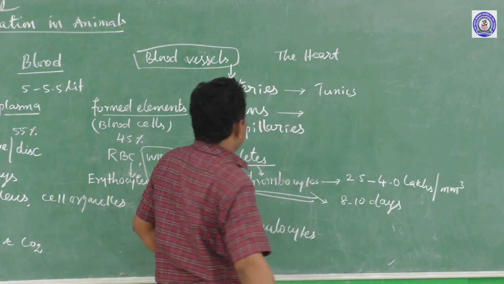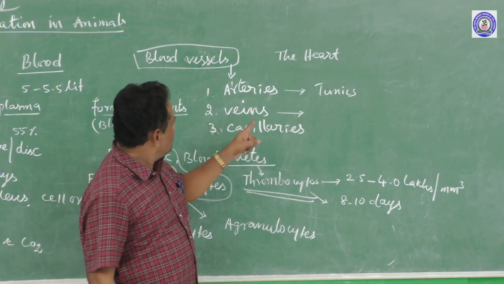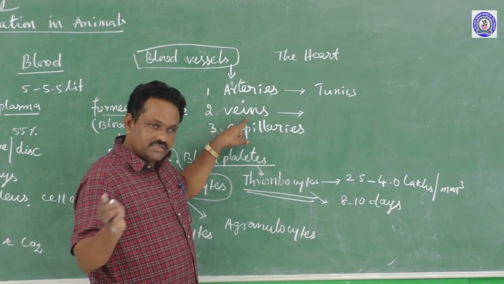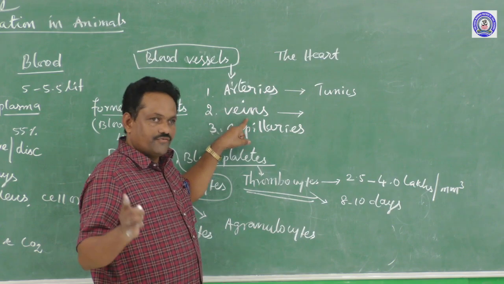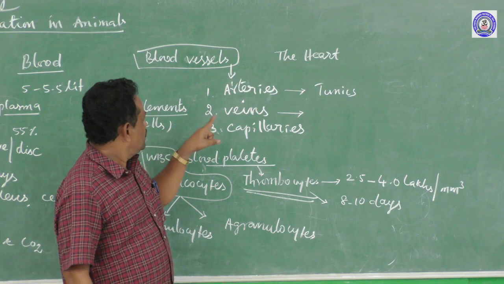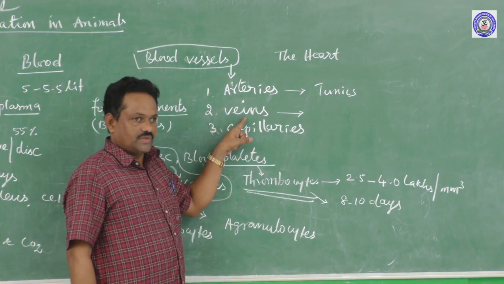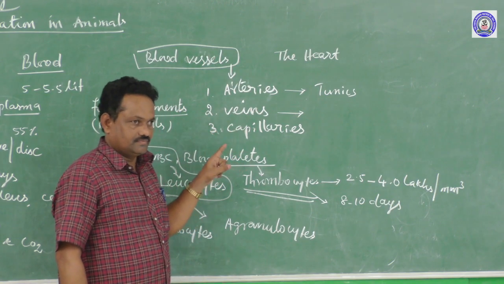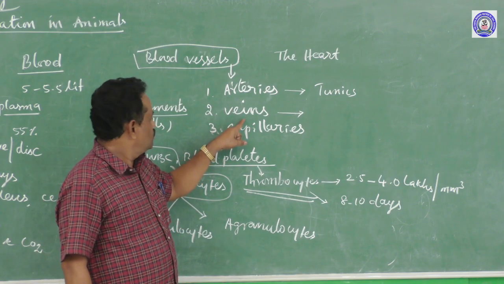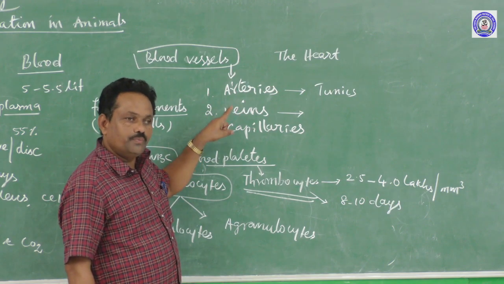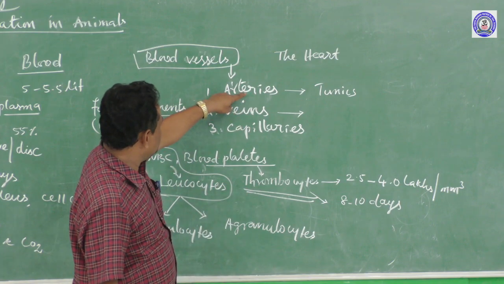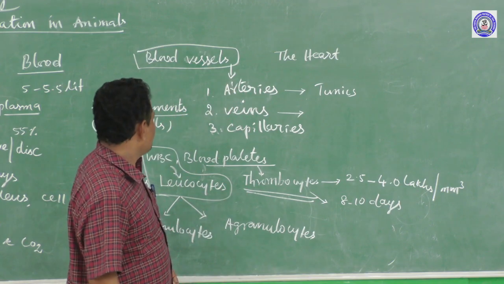Veins are thin walled, non-elastic, and carry deoxygenated blood from various organs to the heart. Veins have valves. The valves are called pocket valves, which help to prevent the backflow of blood. But valves are absent in the case of arteries.